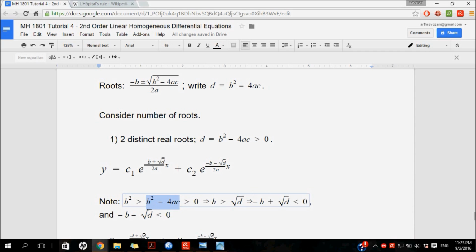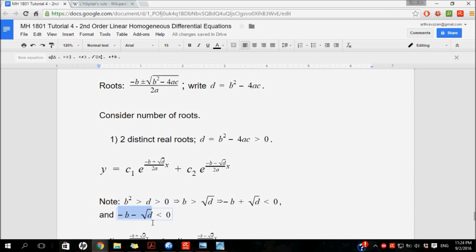Therefore, it follows that we have b squared greater than d. We square root both sides, and so we have b greater than square root of d, which is still a positive number. From this, we see immediately that minus b plus square root of d is a negative number. Similarly, minus b minus square root of d is also a negative number.